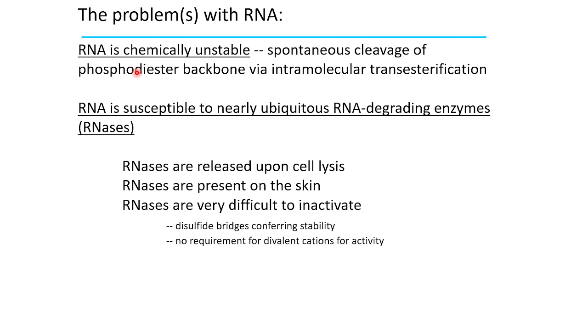The RNases are released upon cell lysis. They are present on the skin and are very difficult to inactivate because disulfide bridges confer stability and there is no requirement for divalent cations for any kind of activity. That is why RNA handling is difficult.